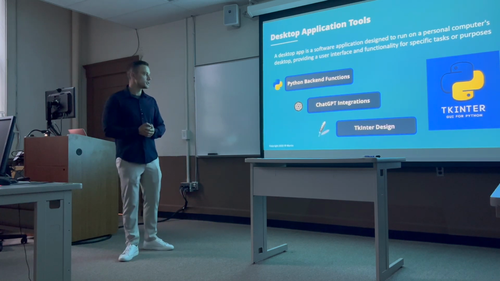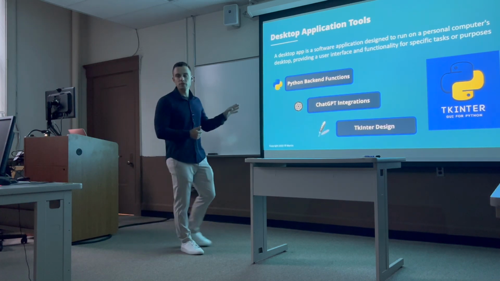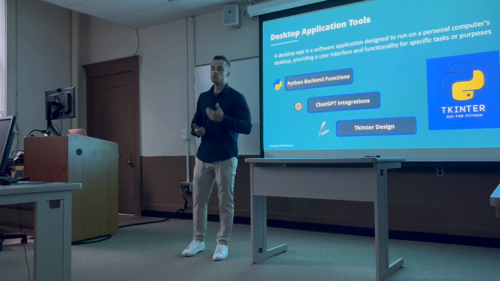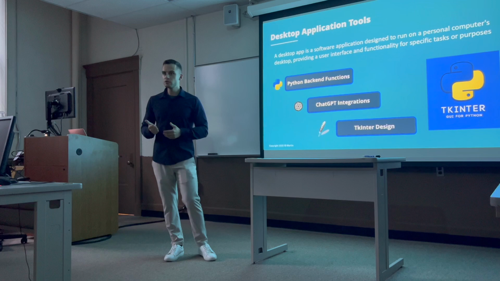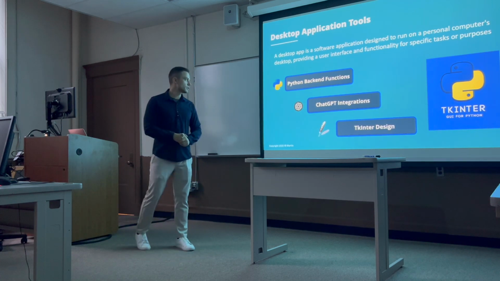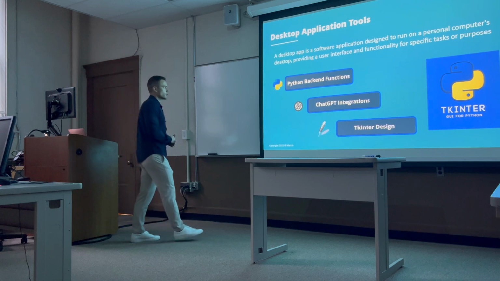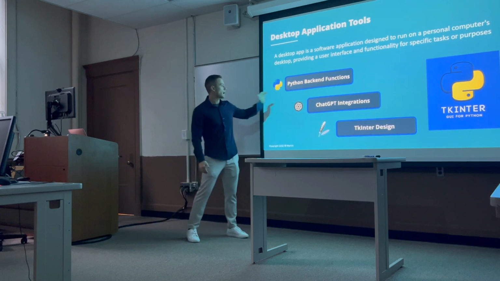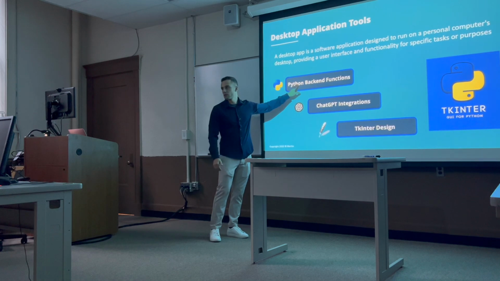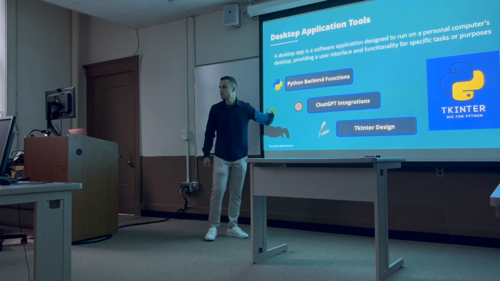Okay? So this is not something that people just use for teaching or in the universities to show people how to build applications. It is actually something very easy and very quick to use if you want to build apps with Python. So in this project, I'm going to show you how you can add Python backend functionality using the Tkinter frontend.